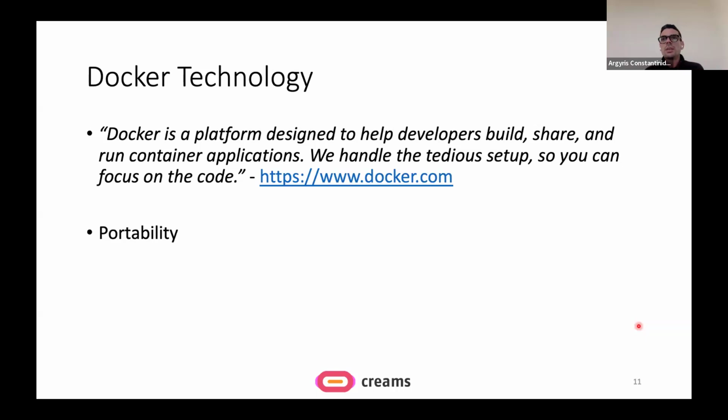So all these will run exactly the same. Whatever libraries we have on my machine, we will have the same exact libraries if I run it on a live system. So I don't have any dependencies on the machine, but I rely on Docker to handle everything.